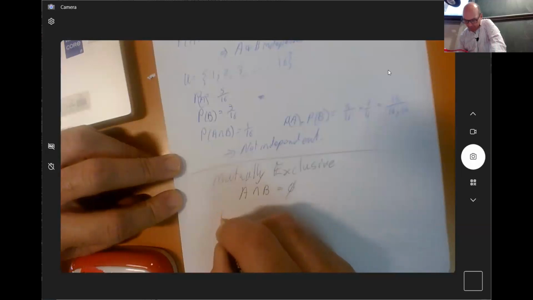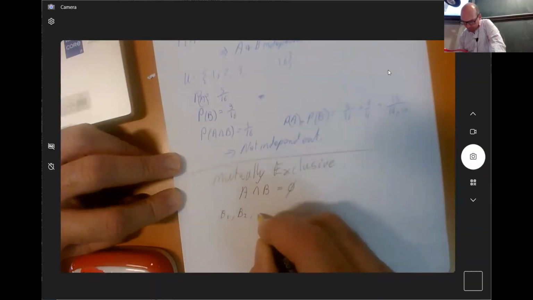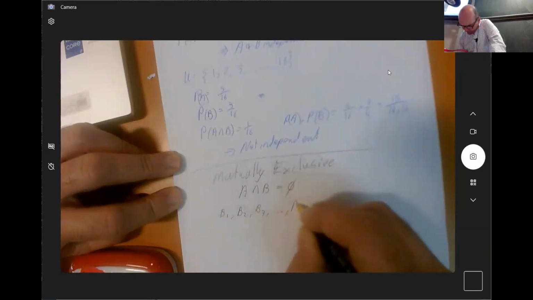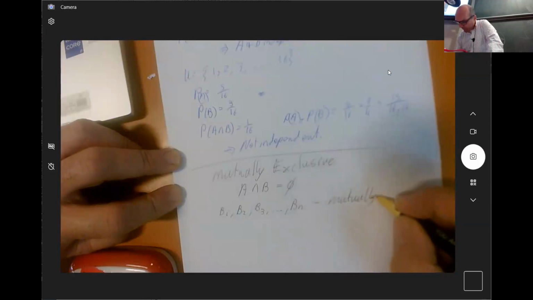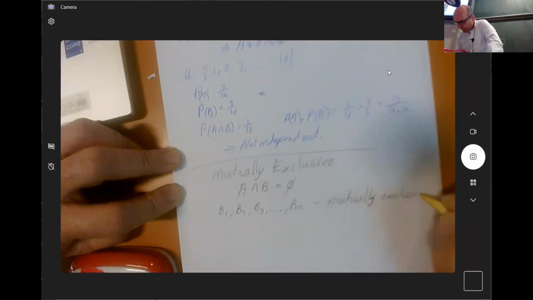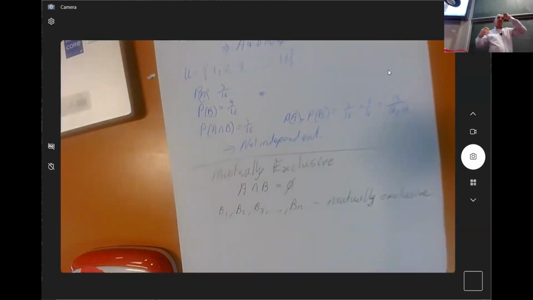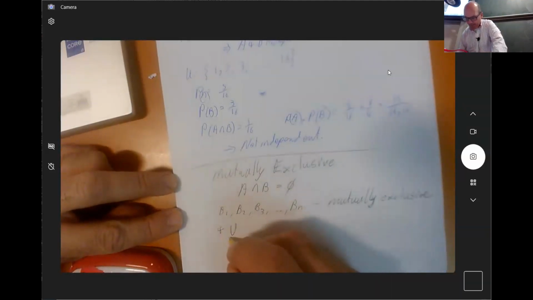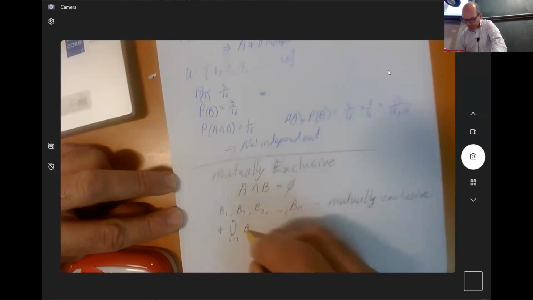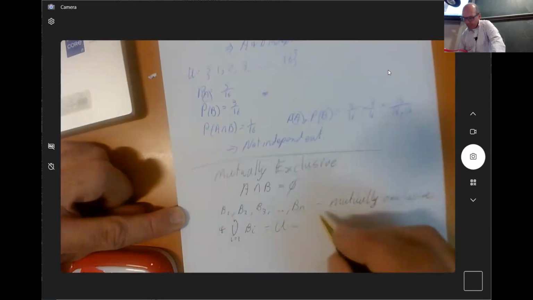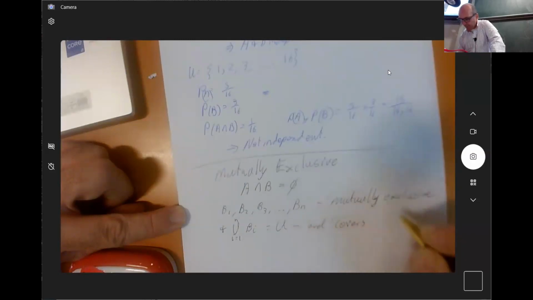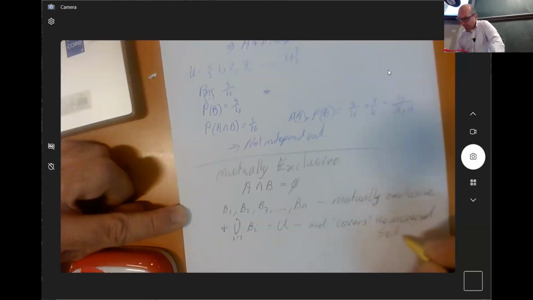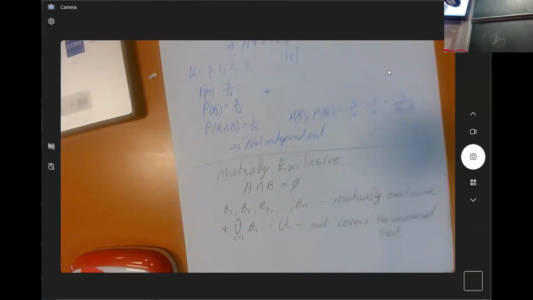So if I have my sets mutually exclusive, there's probably a better way of putting that that doesn't use terminology that you may not have heard before.